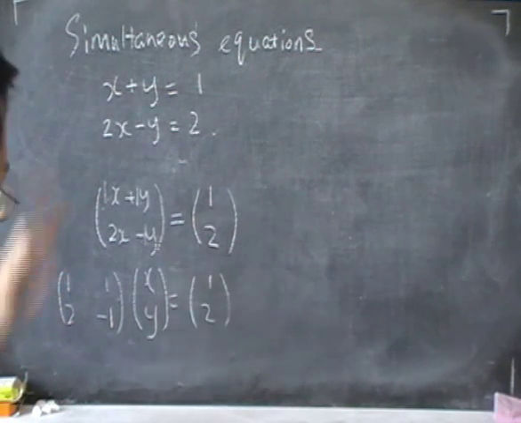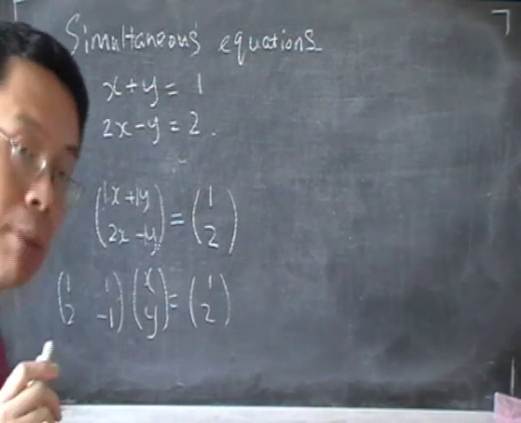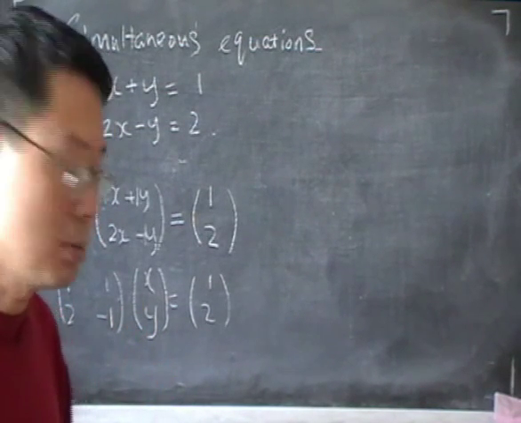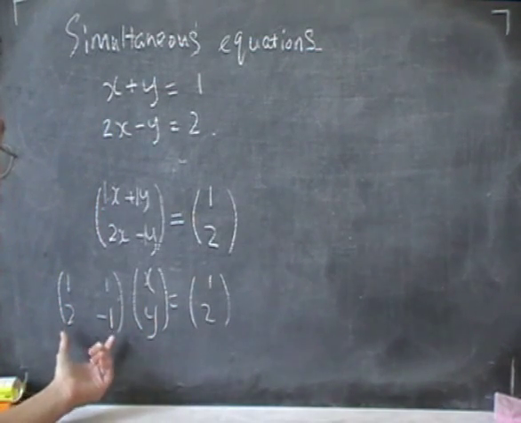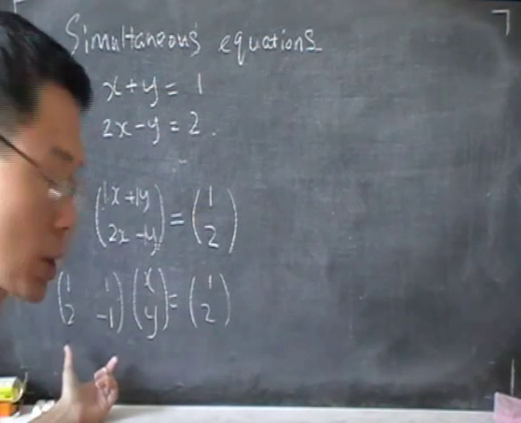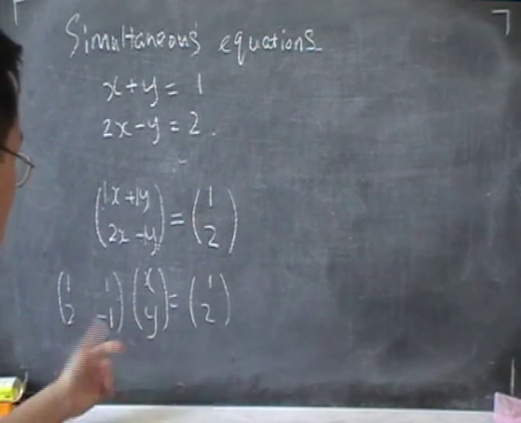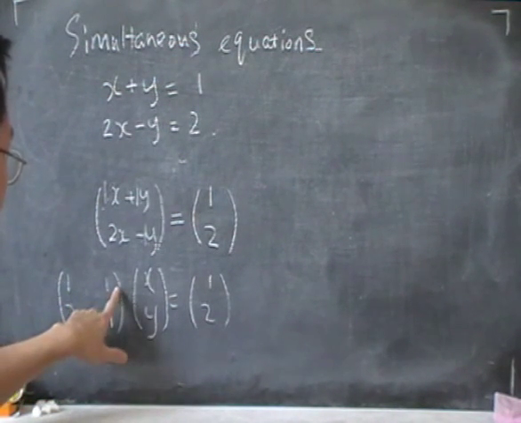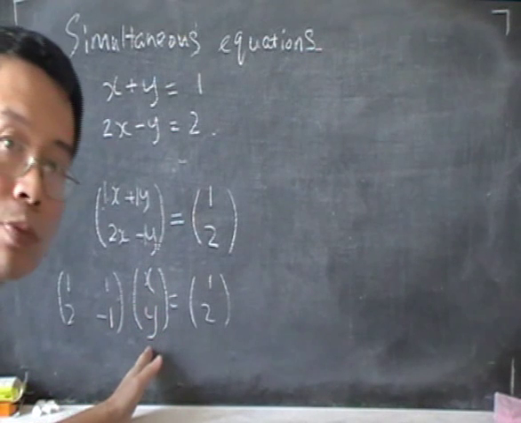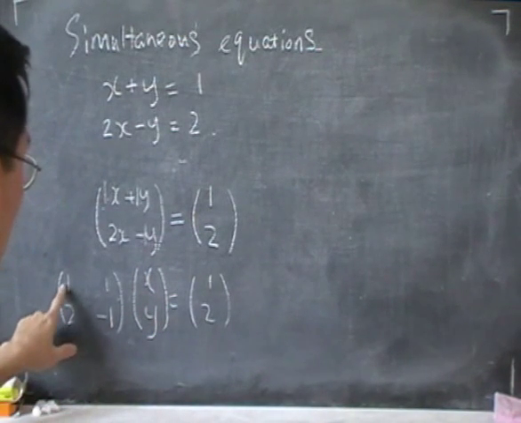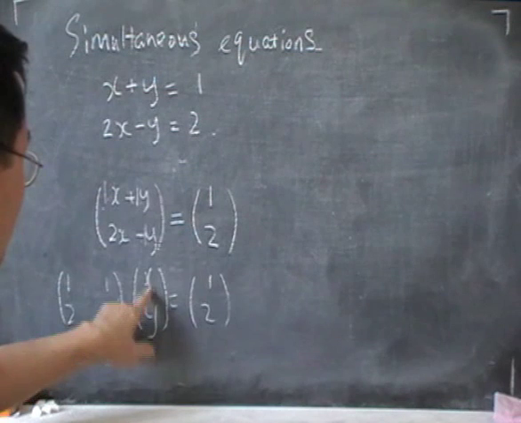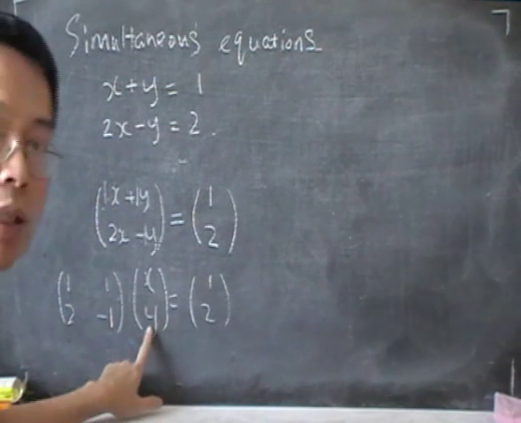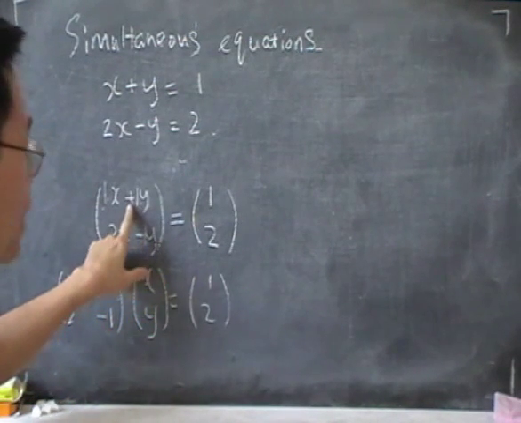Now, it might not look very obvious here, but remember the rules that we have learned for multiplying matrices. Think of what you would do if you multiply those two matrices. You would go for the first row and the first column, and you would multiply the numbers. So 1 times x gives you 1x, 1 times y gives you 1y, and then you add them.